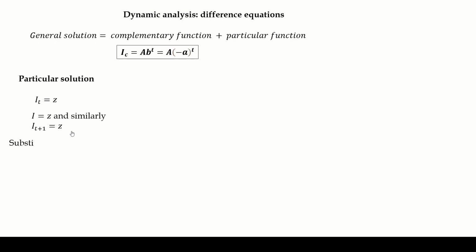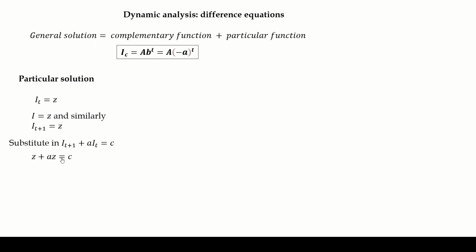It's another way of saying that its differential equals 0 and it stops changing. So all we have to do is substitute this z into the original difference equation, and once we substitute that, we get z plus az equals c.